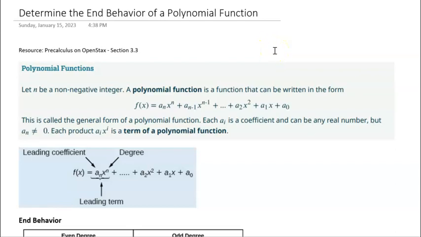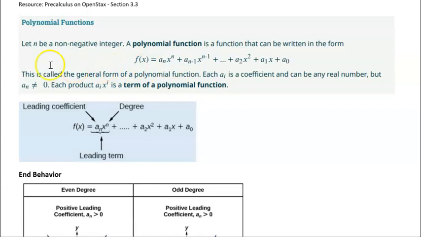In this video, we're going to be looking at the end behavior of polynomial functions. By definition, polynomial functions are when you have non-negative integer degrees, exponential pieces here, in which you can write it in a form like this here.